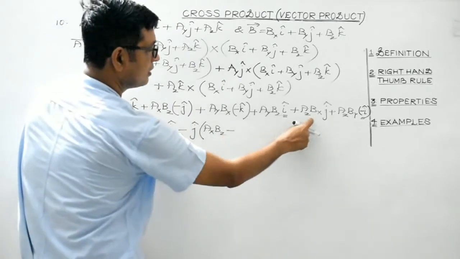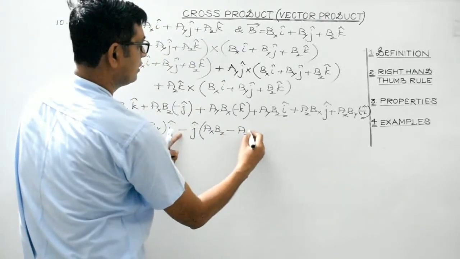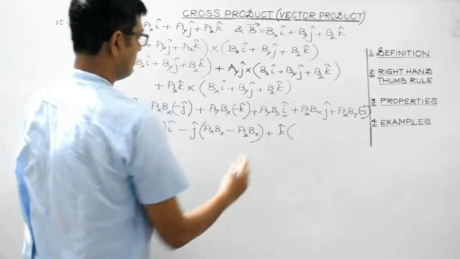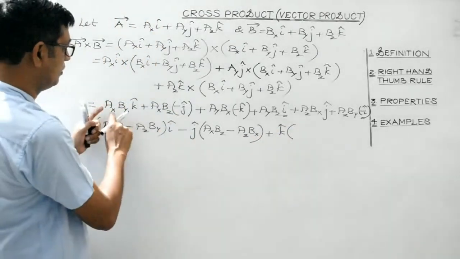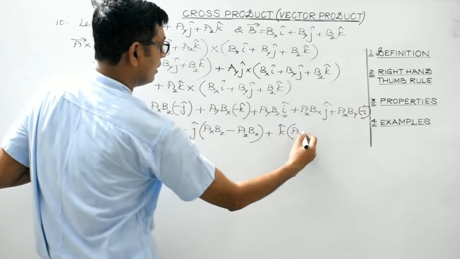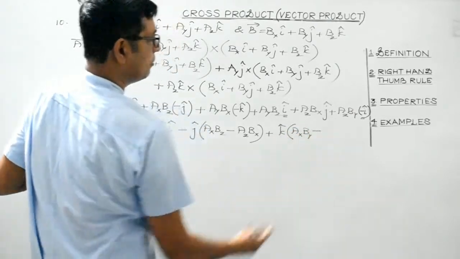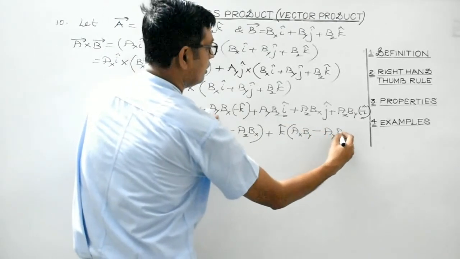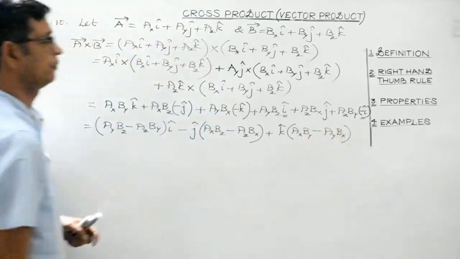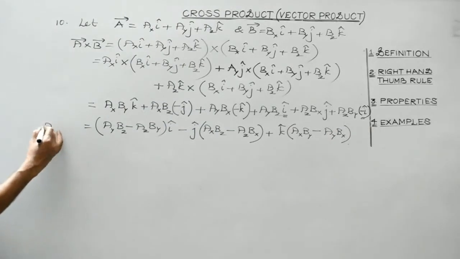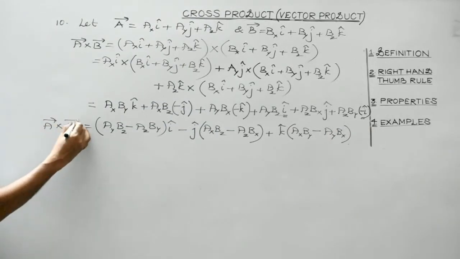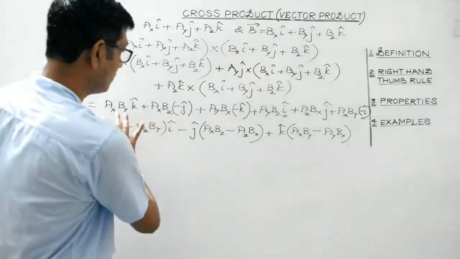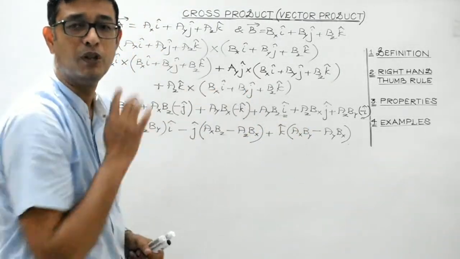Then k cap. Okay, students, k cap. Over here we will get (ax by minus ay bx) k cap. So this is the result of a vector cross b vector. Clear, students? So it has been verified following the normal method.